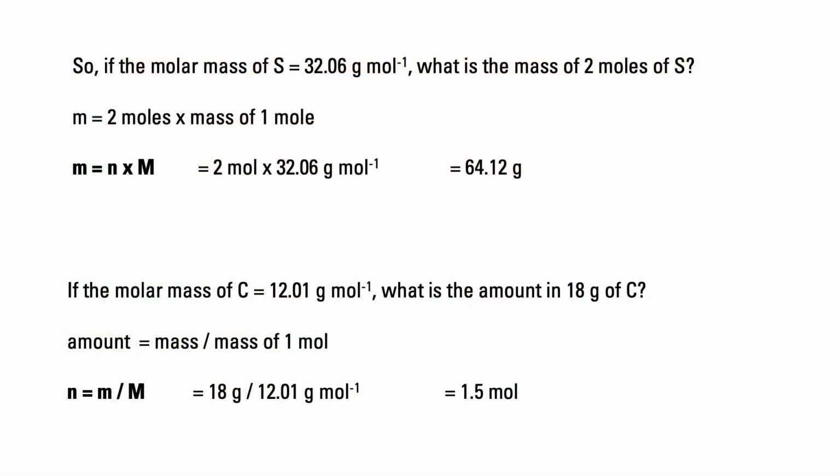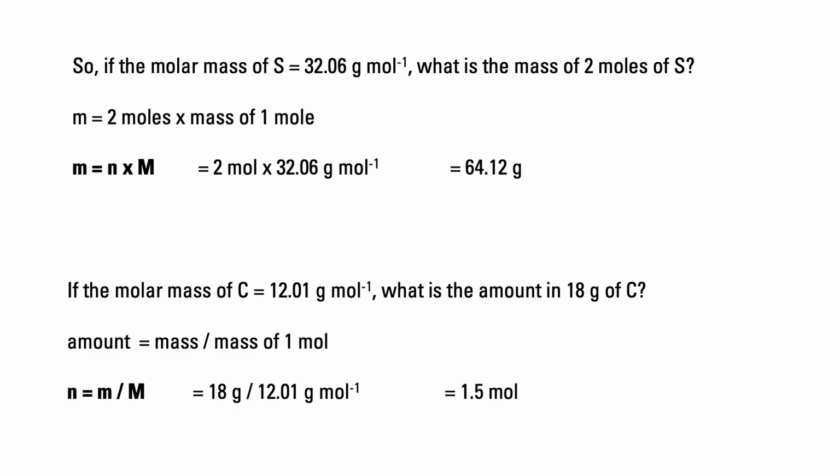And so if we want to know how many moles there are of carbon in 18 grams, when we know that there's 1 mole in 12 grams, now we can write a little bit of math like this. We can say that the amount is equal to the mass that we're interested in divided by the mass of 1 mole of the stuff, right?